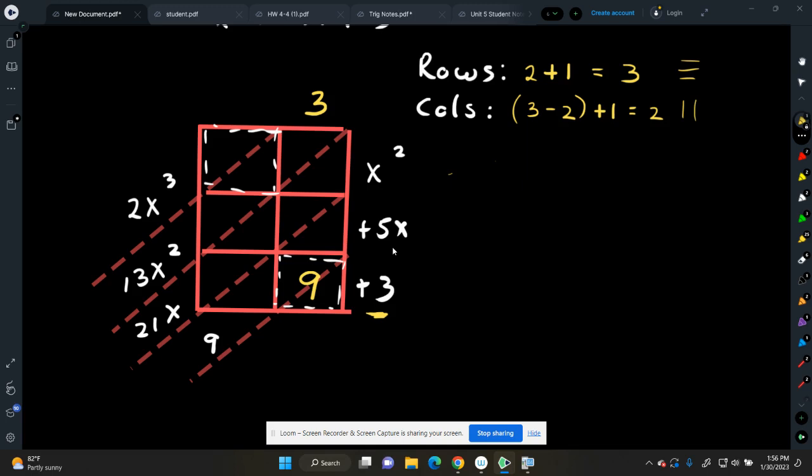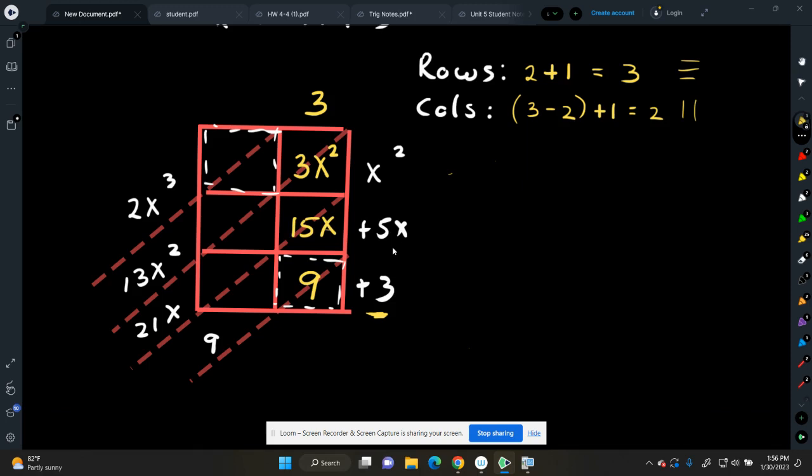Okay. Let's see here. Who knows? Lexi, what do I put in the rest of this column here? Right, which is 3x squared. Okay, and then? Yeah, 3 times 5x gives me 15x. Okay, so we filled in that column.